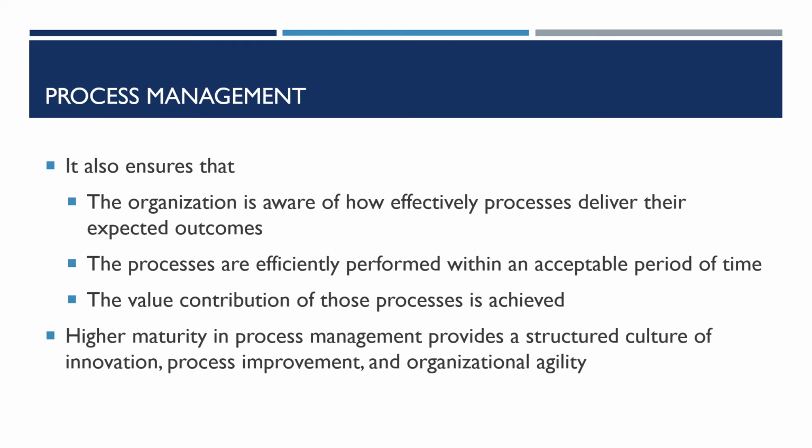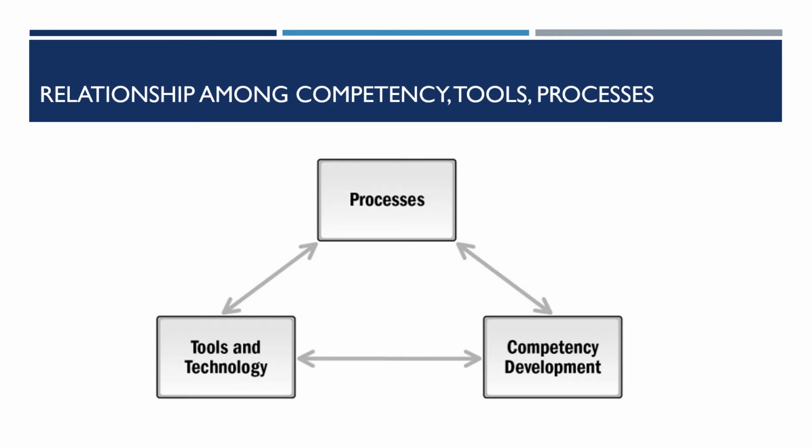See, the relationship among three important aspects, processes, competency, and tools and technology, is very closely related. For example, tools and technology will help you to effectively follow the processes.